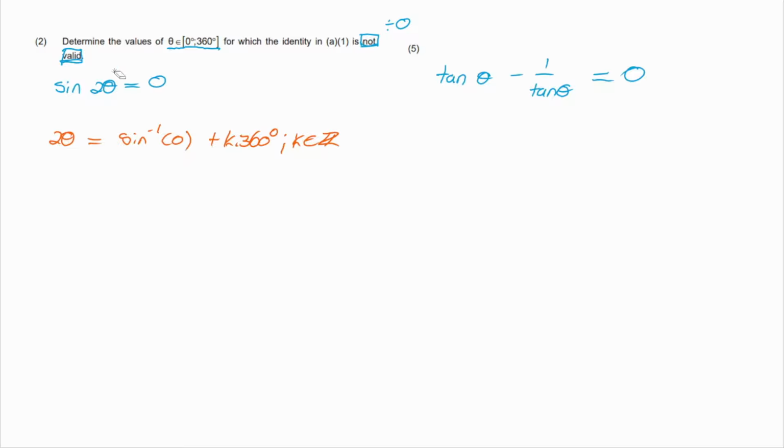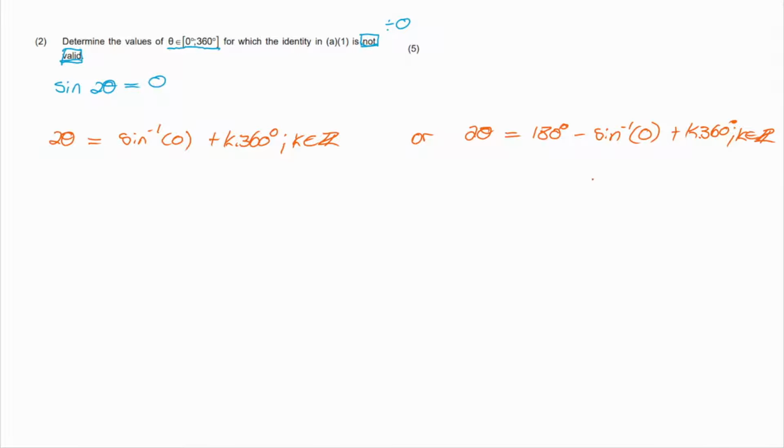I'll check sine 2 theta first, and then the other one. Or 2 theta is equal to 180 degrees minus sine negative 1 of 0, plus k times 360, and again k is an element of integers.